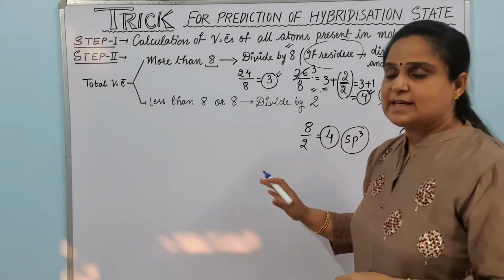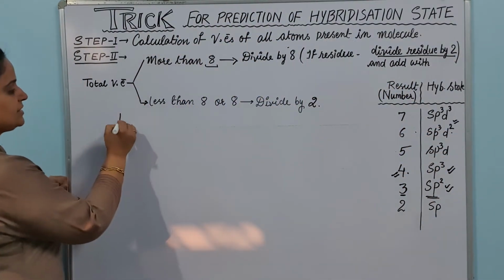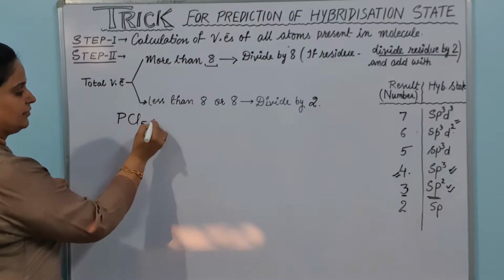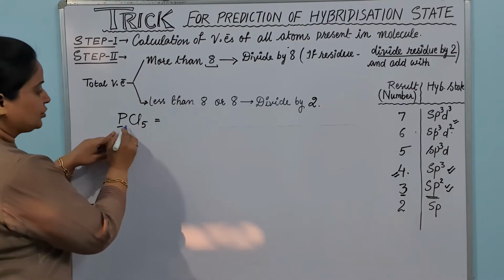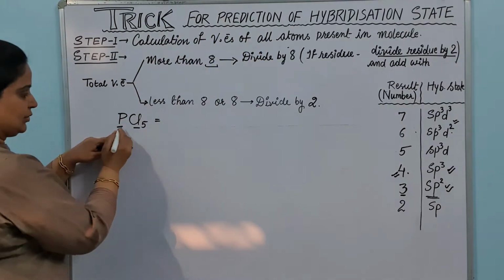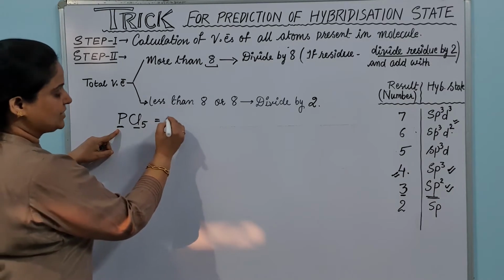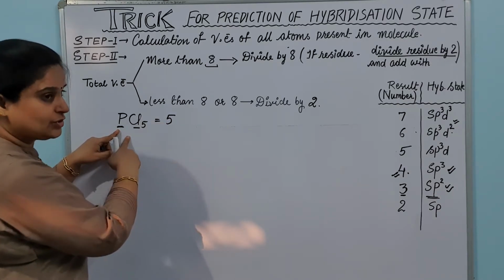So to understand it in a better way, let's do it. The very first example is PCl5. I am going to calculate the number of valence electrons of all atoms present in the molecule. Here we have phosphorus. The outermost shell of phosphorus contains 5 electrons, as it belongs to the nitrogen group.